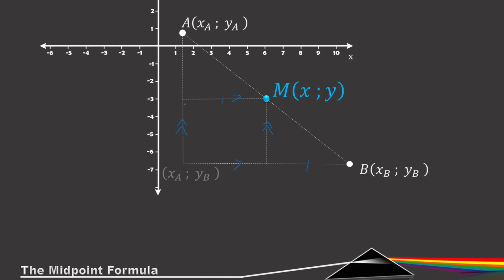That makes this a parallelogram, and the opposite sides will also be equal. So if these two sides are equal and the two corresponding sides of the triangles are equal, it makes this line equal to this line, which means that this point over here is the midpoint between these two points.